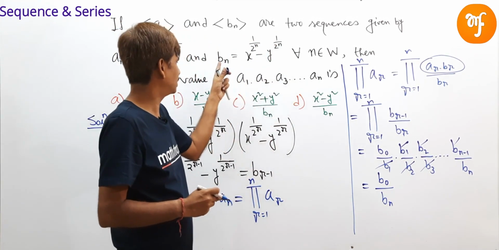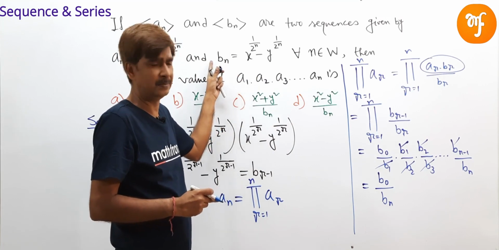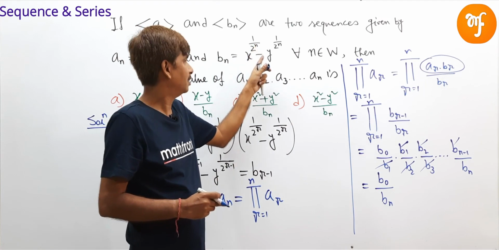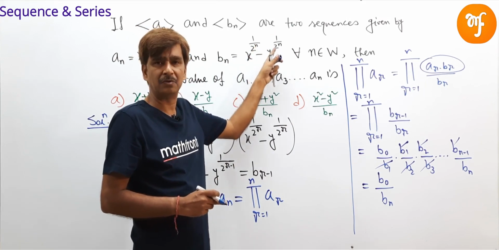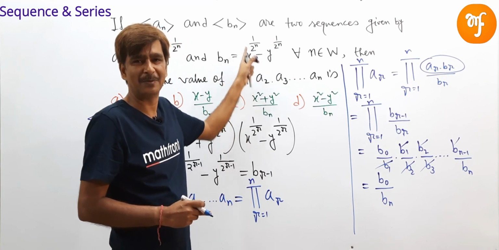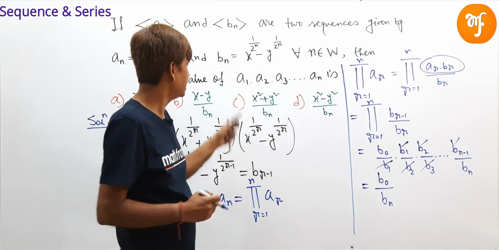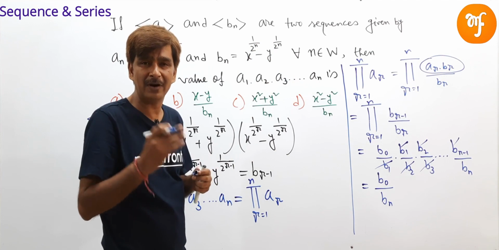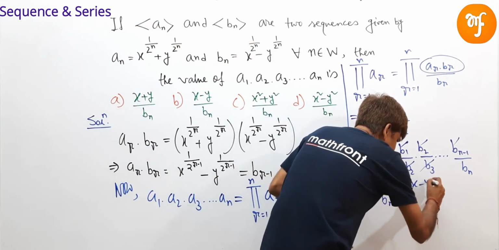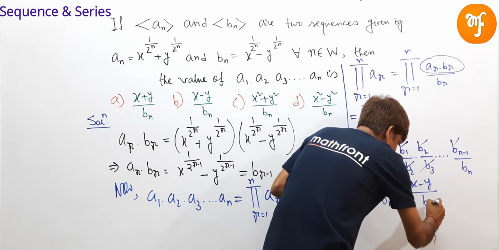So if we substitute n by 0, that is b naught, this will be x to the power 1 by 2 to the power 0, that is 1, minus y to the power 1 by 2 to the power 0, that is 1. That is what? x minus y, x to the power 1 minus y to the power 1, that is x minus y. So the value of b naught is nothing but x minus y. So substitute here. So we are getting it is x minus y divided by b n.